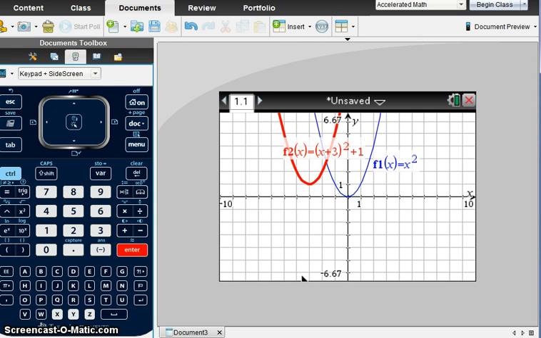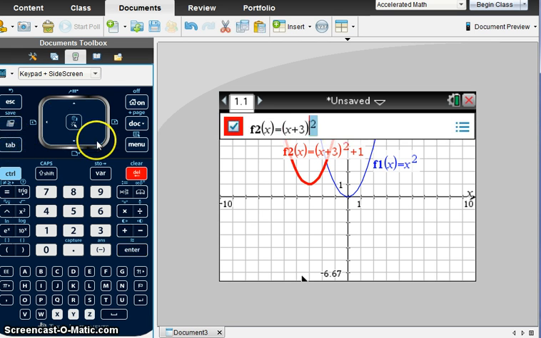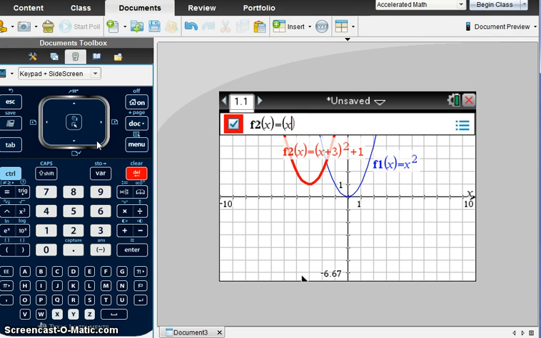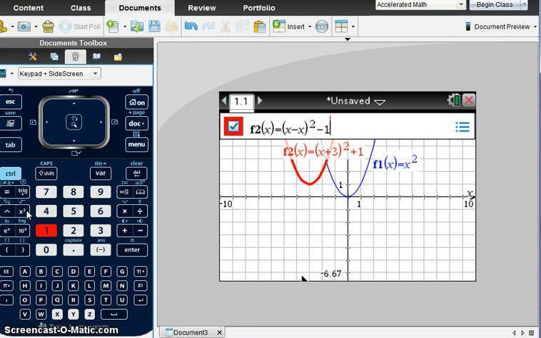Alright, let's look at another example. The quantity of x minus 2, close parentheses, squared, minus 1. Now, before I hit enter here, I want you to think, what is that going to do? That's x minus 2. Okay, think, what is that going to do?